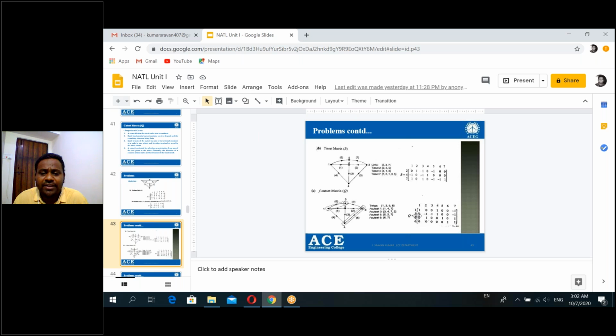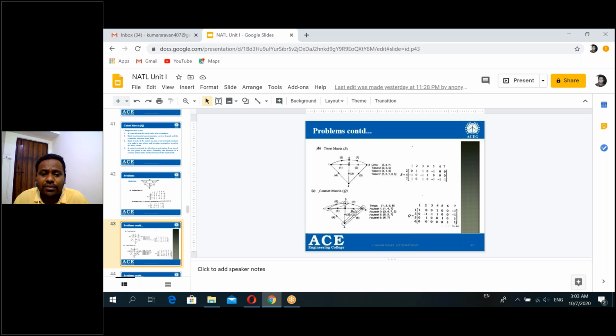Next, cut set at 3. So 3 means twig direction. Twig 3 is taken directly as positive. See, 3, 4, 7, 2. Why should we follow 3? Because 3 is the twig.